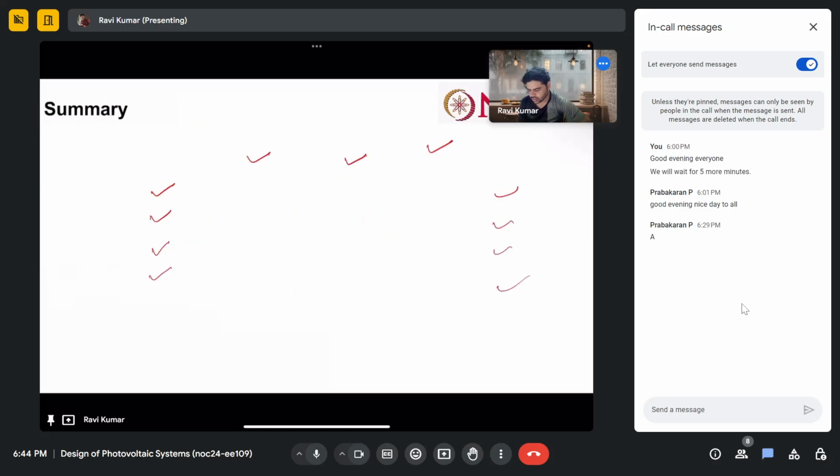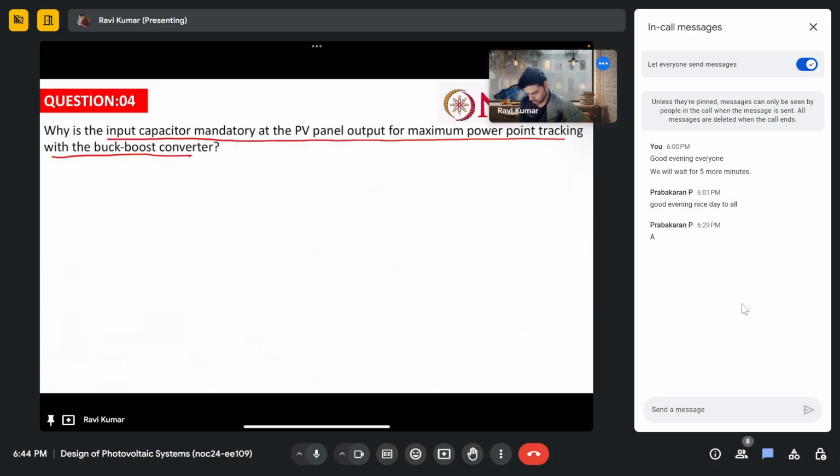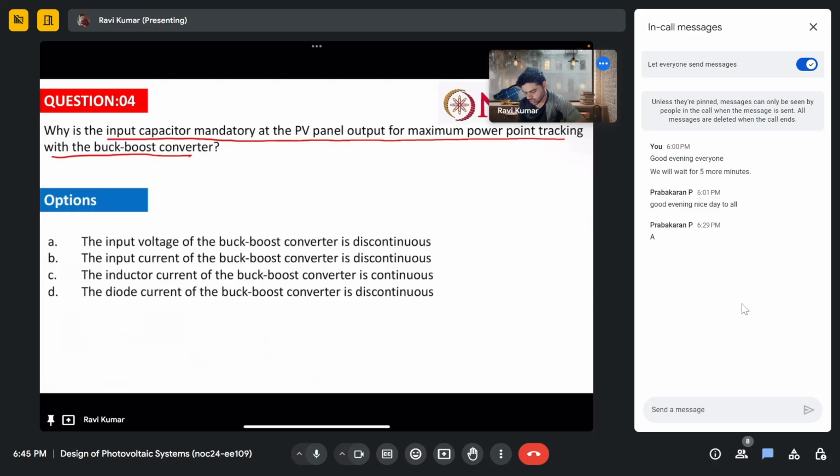So it is asking question number 4. These are the options. Why is the input capacitor mandatory at the PV panel output for maximum power point tracking with the buck boost converter, and these are the options.